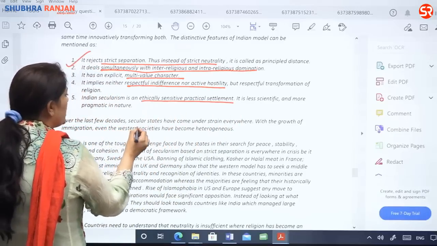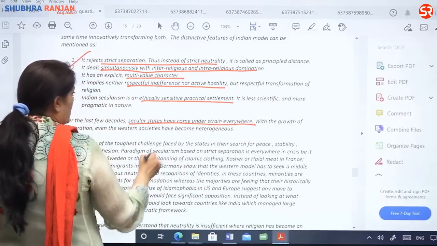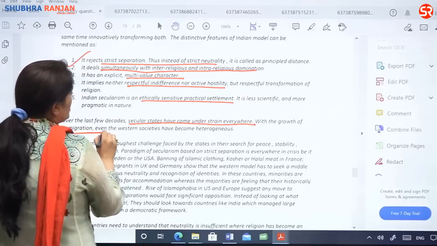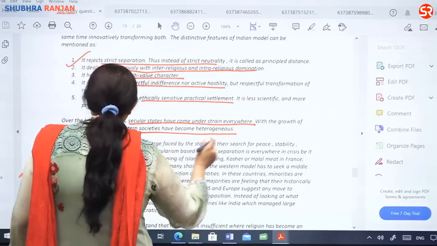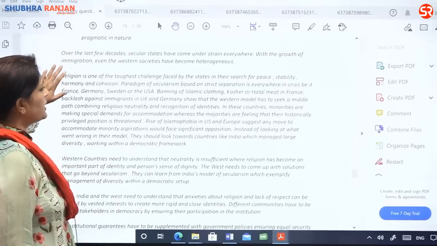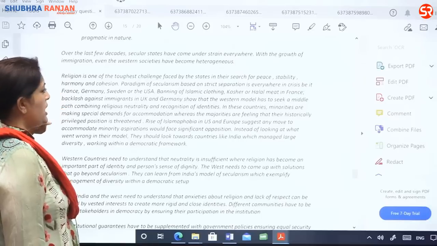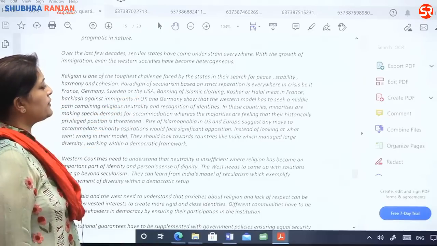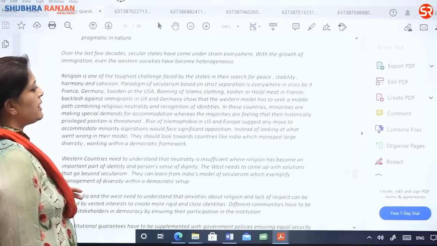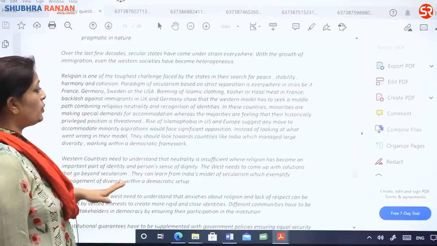Over the last few decades, the secular state has come under strain everywhere. With the growth of immigration, even Western societies have become heterogeneous. Religion is one of the toughest challenges faced by states in the search for peace, stability, harmony and cohesion. The paradigm of secularism based on strict separation is in crisis, be it France, Germany, Sweden or the USA.